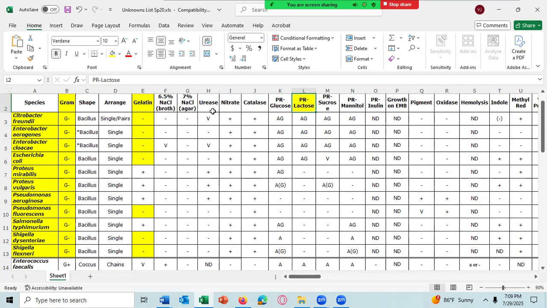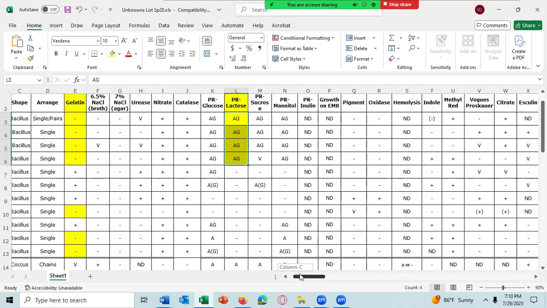The PR lactose test, and if the result is AG, you've then narrowed it down to these 4 species here. Then you would take a look at this and choose a test to further narrow down your species. And you can only ask for 1 test at a time, or else you break dichotomous logic.